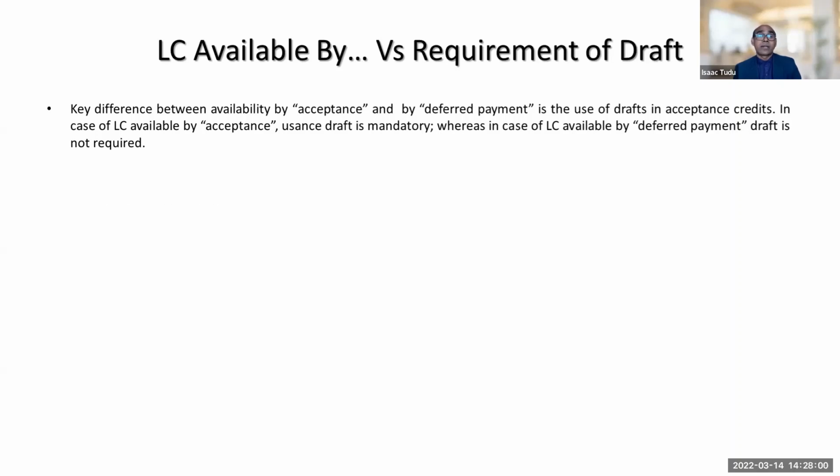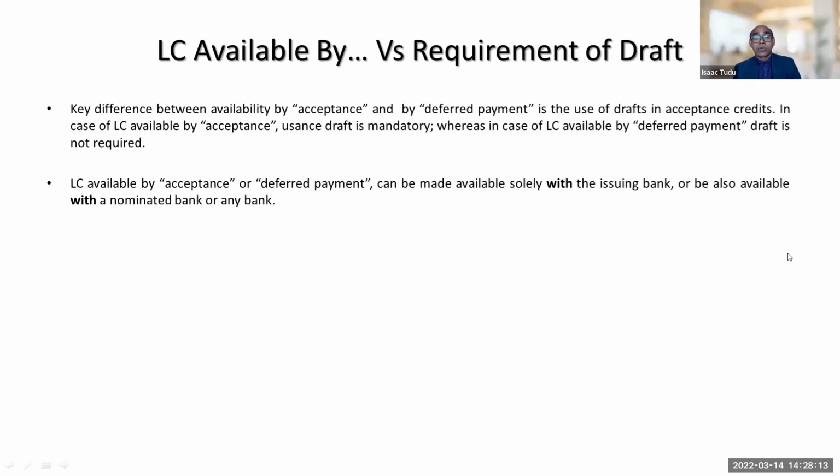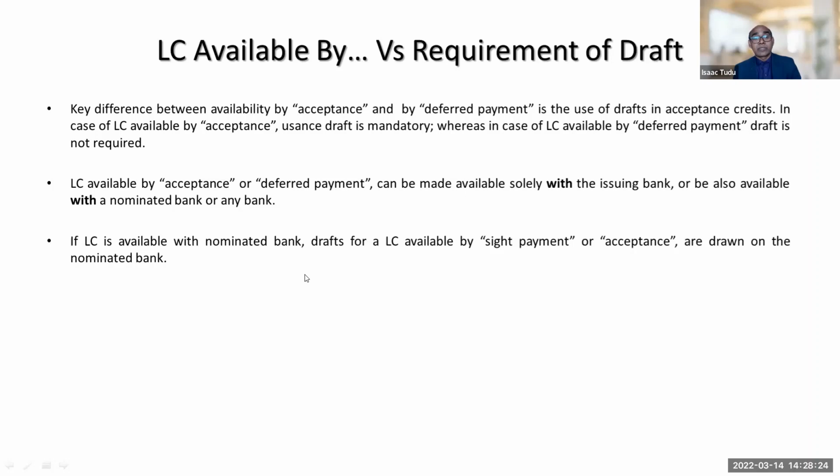It is not required. LC available by acceptance or deferred payment can be made available solely with the issuing bank and can also be available with a nominated bank or any bank. If LC is available with nominated bank, drafts for a LC available by sight payment or acceptance are drawn on the nominated bank.